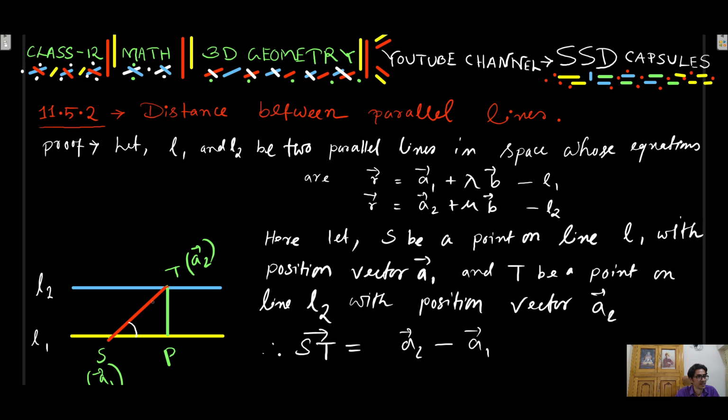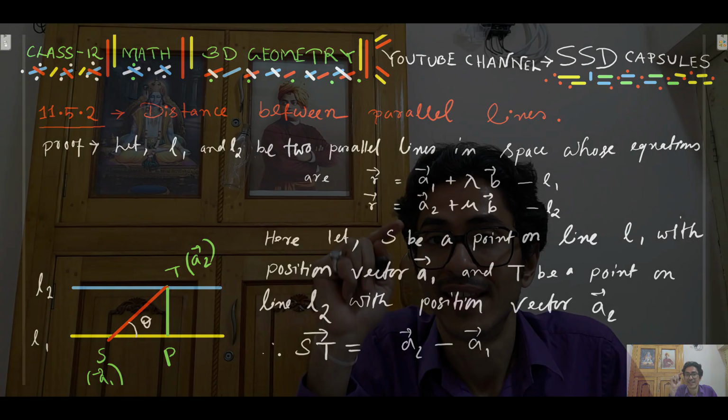But see the equation of line L1. Equation of L1 is r vector = a1 vector + lambda times b vector. That's why I have requested you to go through the previous lectures, especially lecture number 7. In lecture number 7, what we learned was the equation of a line passing through a given point and parallel to a given vector.